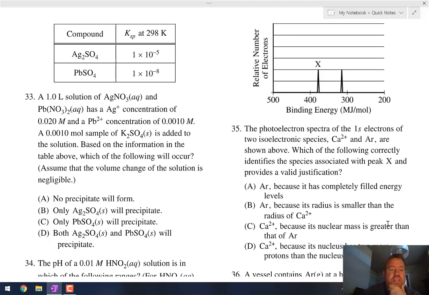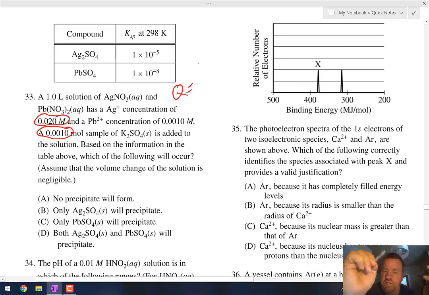So in this case, they're giving us a concentration of Ag+, which is this, and then the concentration of SO4, which is this. So what we've got to do is this is a Q situation where we have to figure out the Q for both of these, which is, again, definitely a more than 90-second question.